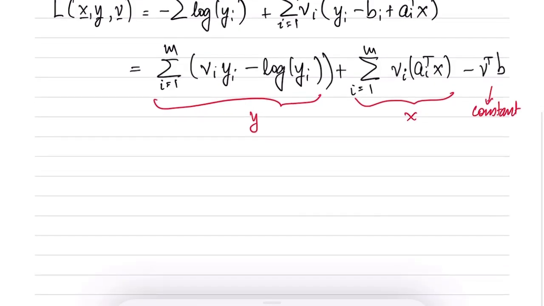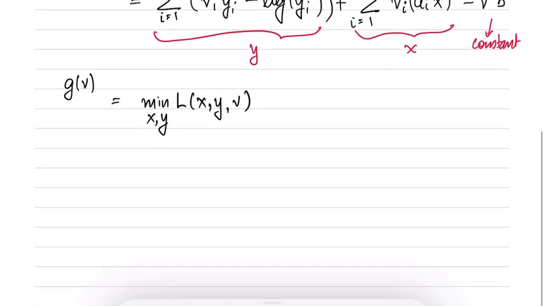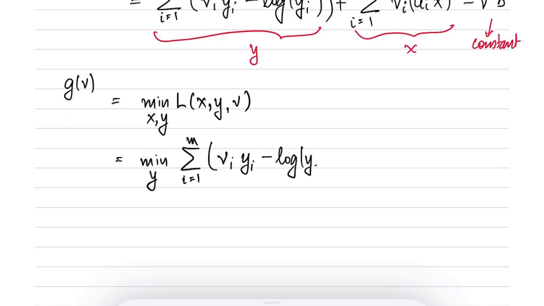In other words, if we calculate the dual function, it would be given by the minimum with respect to x and y of L(x, y, nu), which can be written as the minimum with respect to y of the summation of i equal to 1 to m of nu i yi minus log of yi, plus the minimum with respect to x of the summation of nu i ai transpose x, minus nu transpose b.